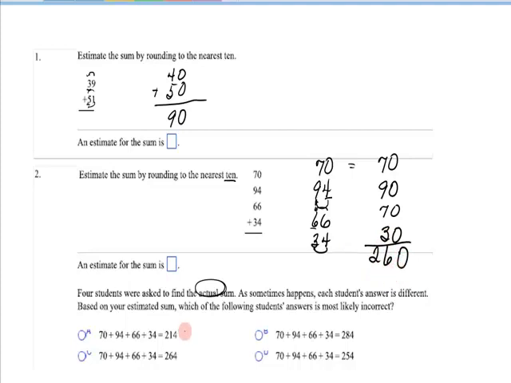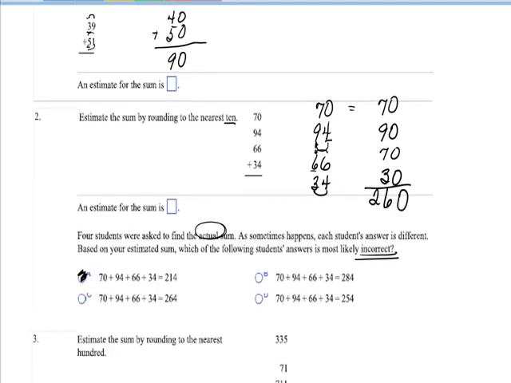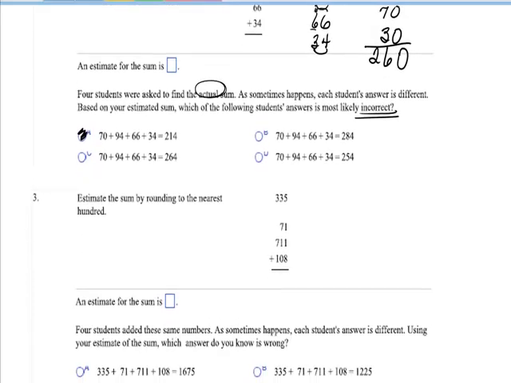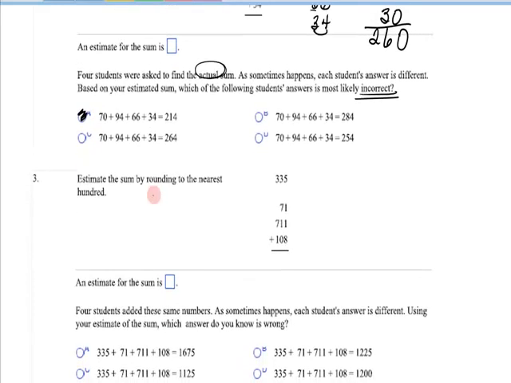So if they did it and got 214, 264, 284, 254, which one is the farthest off from that sum? I believe it would be choice A, because remember, it says which one is most likely incorrect. And that 214 is way away from 260. That's one of the values of rounding and estimating. All right, let's look at the next one.